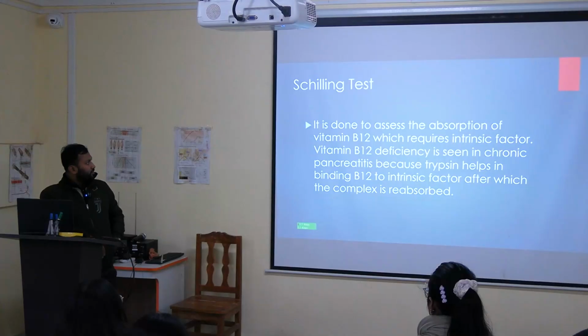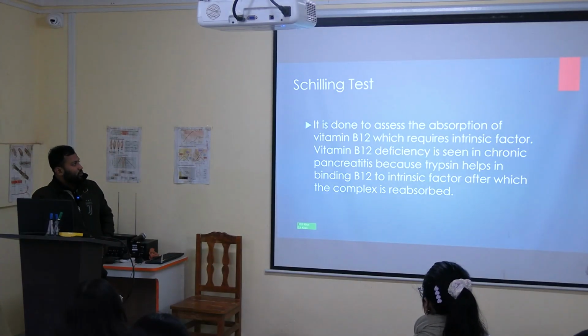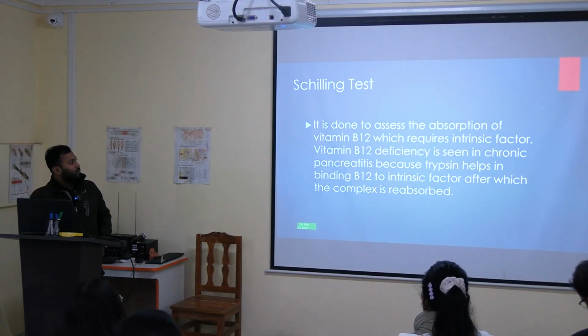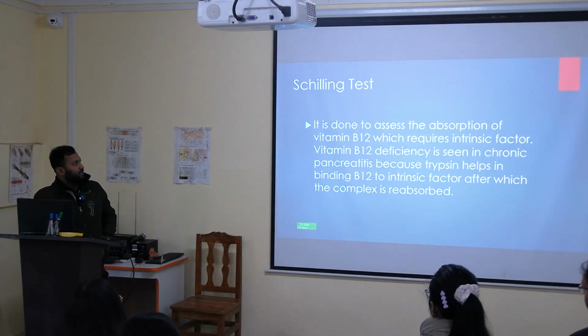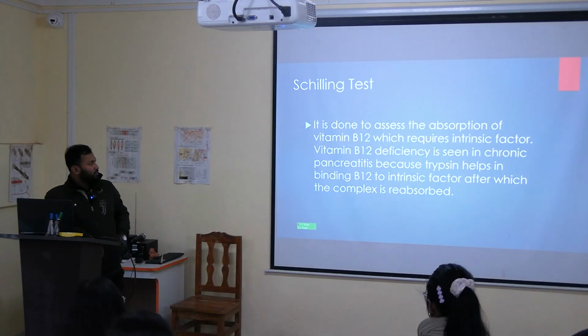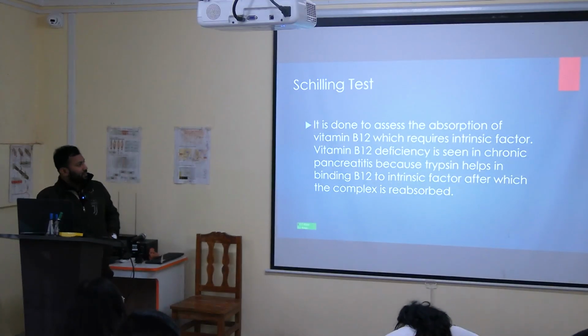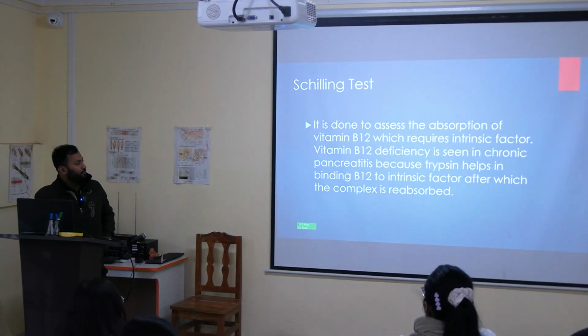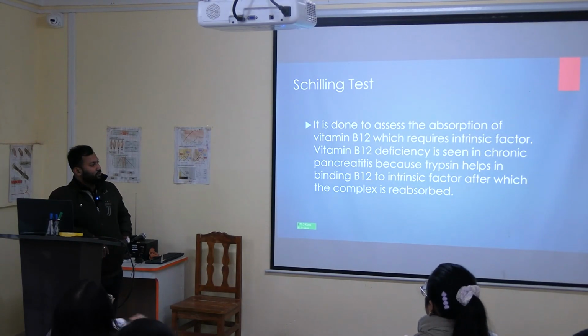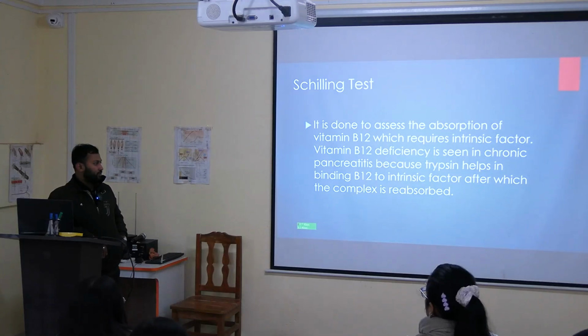Schilling test. It is done to assess the absorption of vitamin B12, which requires intrinsic factor. I might have told you in a class that due to deficiency of intrinsic factor, vitamin B12 is not absorbed inside the body, which can lead to anemia. Vitamin B12 deficiency is seen in chronic pancreatitis because trypsin helps in binding B12 to intrinsic factor, after which the complex is reabsorbed.